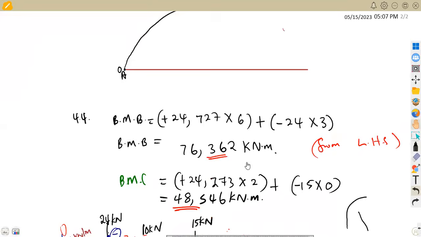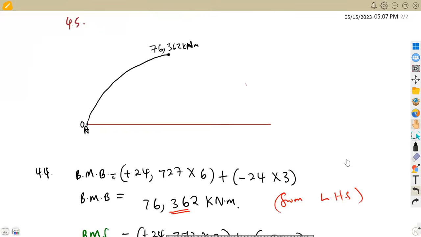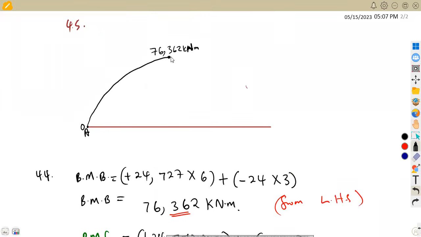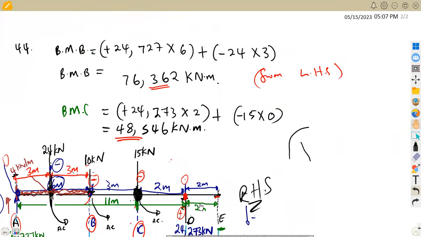So we are going to draw from B up to C at 48,546 kilonewton meter, a straight line just here. Then at the end, we have got D. Remember, D is like a starting point because there's nothing at E. So this is going to be 0.